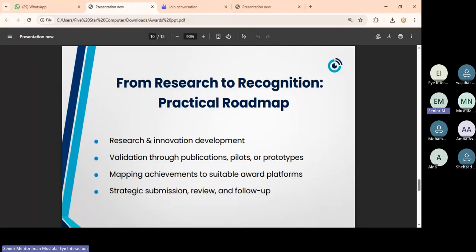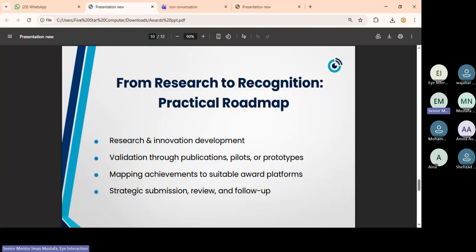The second one is to validate it through research papers, projects, and prototypes. It means if you have selected the idea you are working on and defined your problem, then you have to validate that problem through publications, prototypes, and previously made projects.